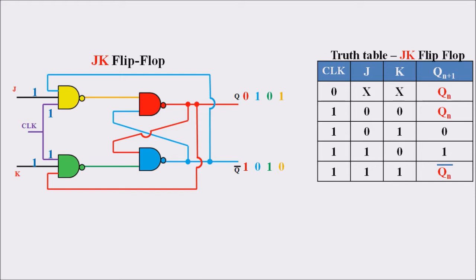So my dear students, the T flip-flop is a subsidiary or a subset of this JK flip-flop when we are considering the conditions of 0, 0 as well as 1, 1 for the J and K. This is implemented with the help of a T flip-flop.